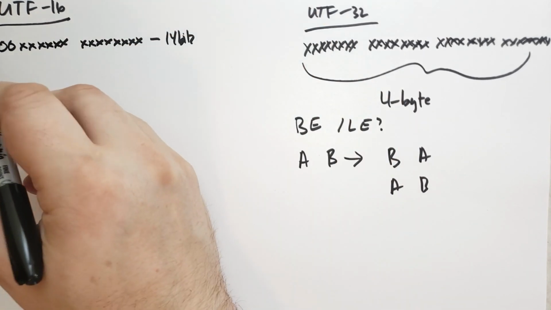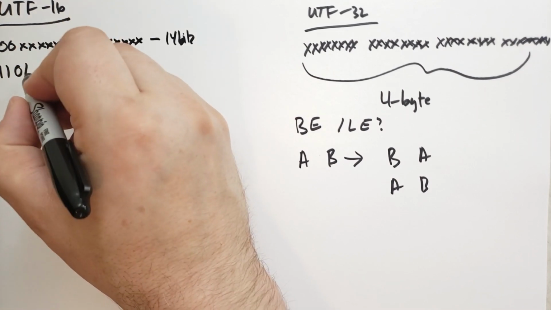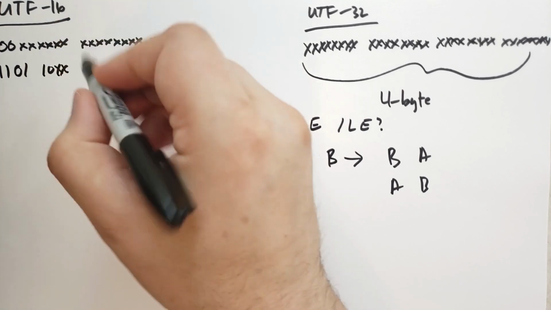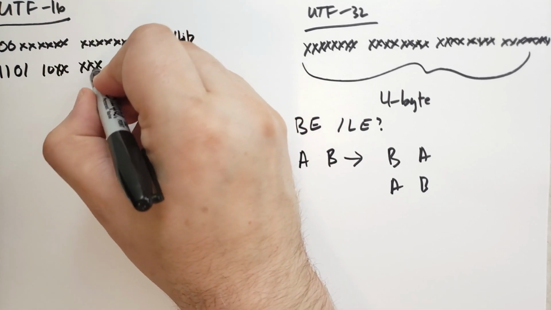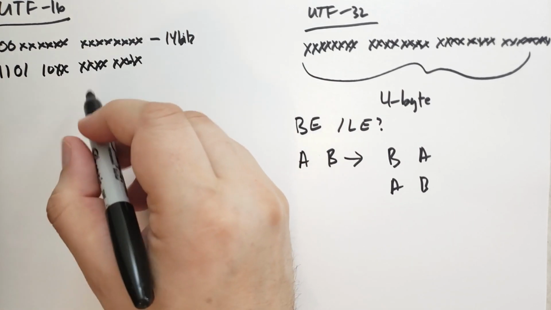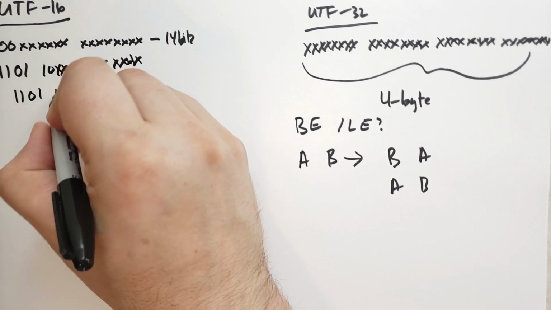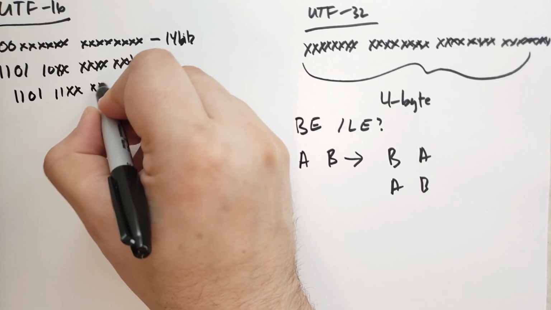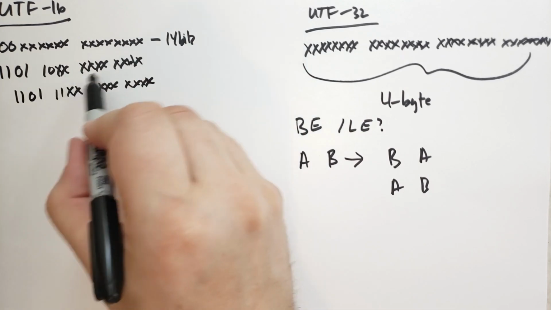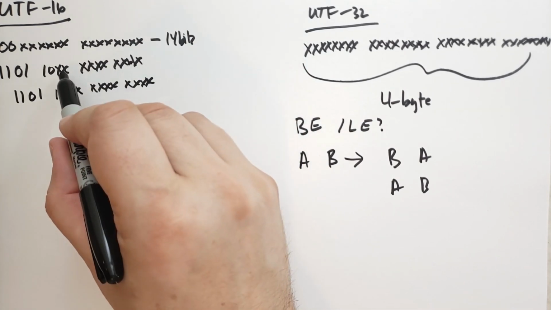And then if you have 110110xx followed by xxxxxxxx, that's one 16-bit unit, and that is followed by 110111xx and xxxxxxxx.